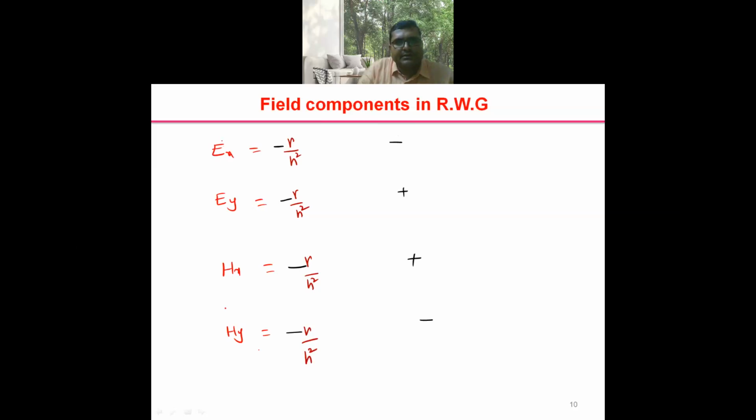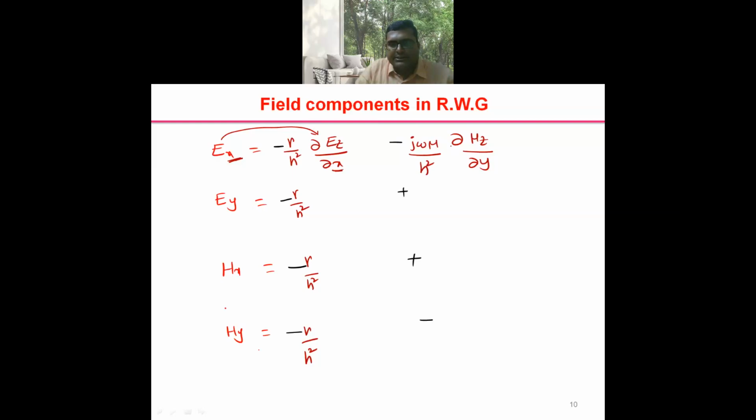Then for Ex, dou Ez by dou x. For the next term, minus dou Hz by dou y, j omega mu by h square.